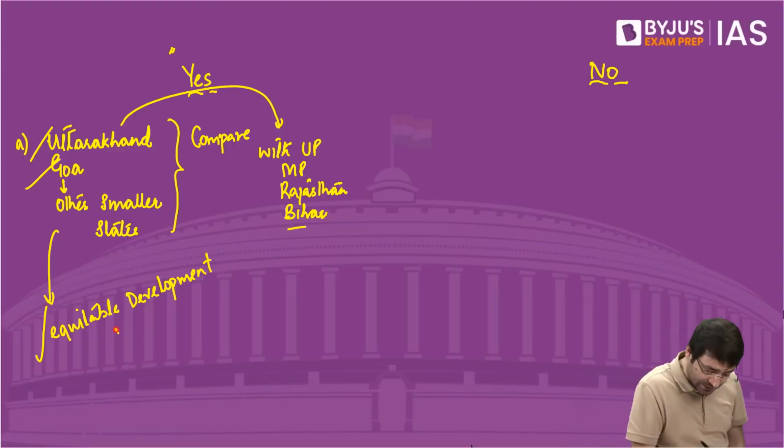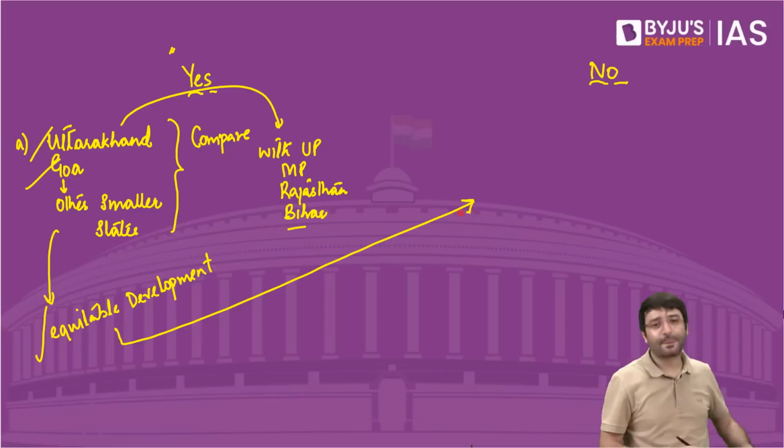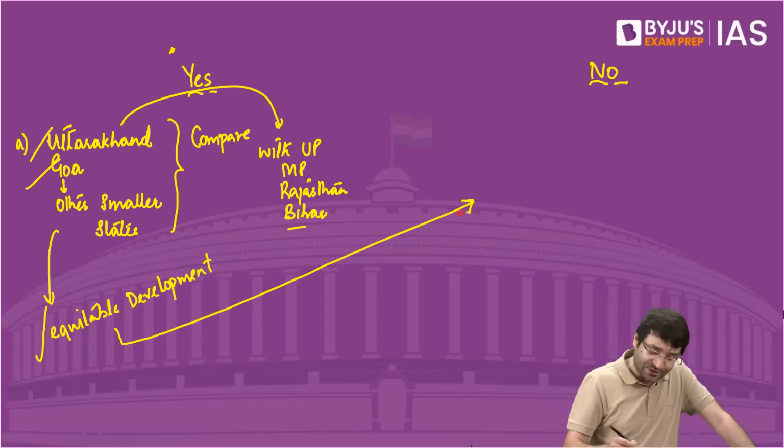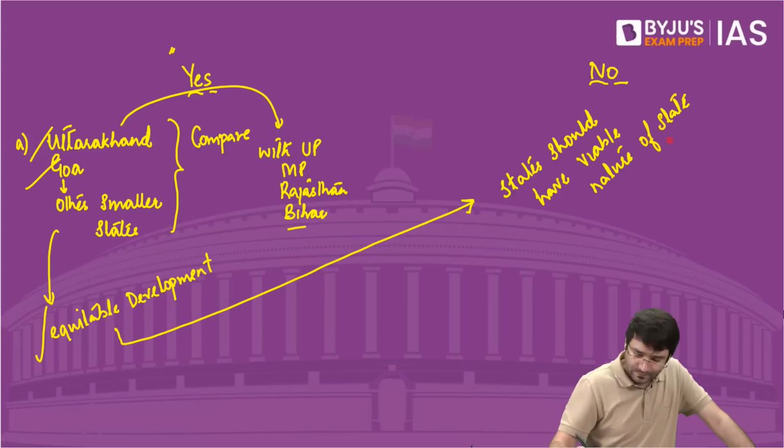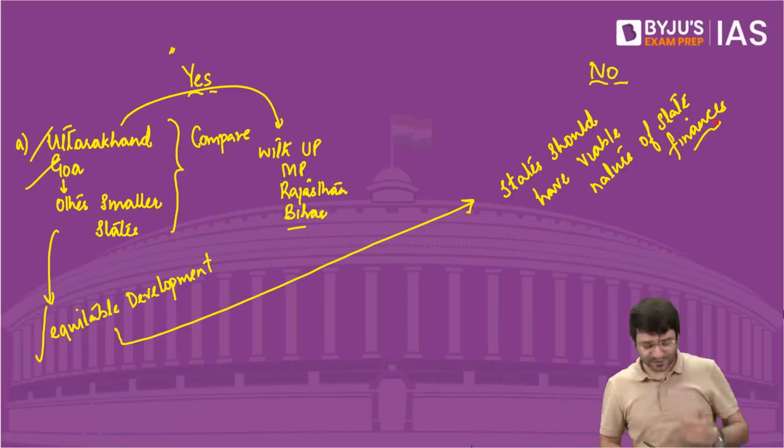But even if we create the smaller state, let's say, for example, here is a state.